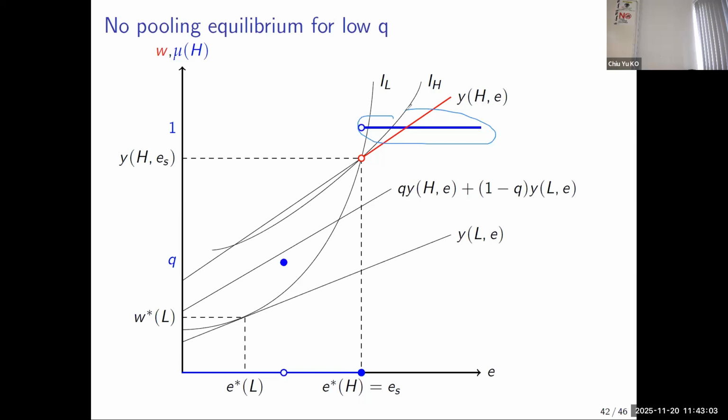Because at the bottom, this indifference curve will be higher than this guy. So when Q is 0, the pooling will not exist. Let me repeat the same way. Okay. For low Q, this line is very close to the low type, rather than high type. Okay. That means that the pooling wage is very low.